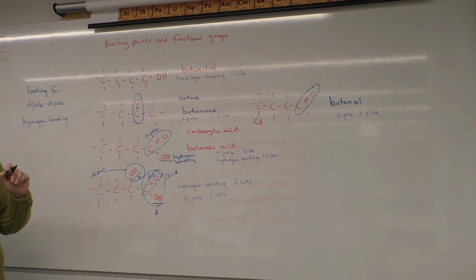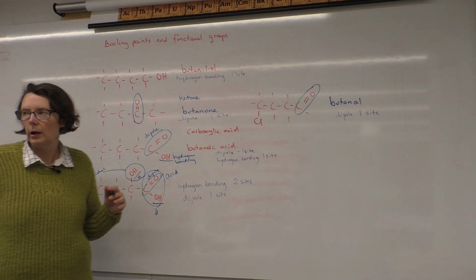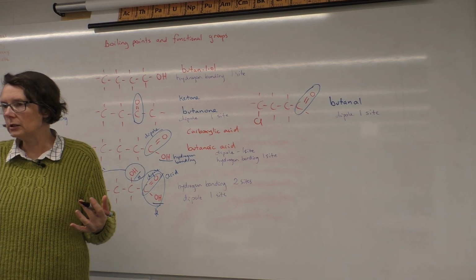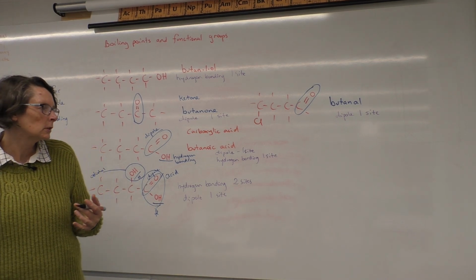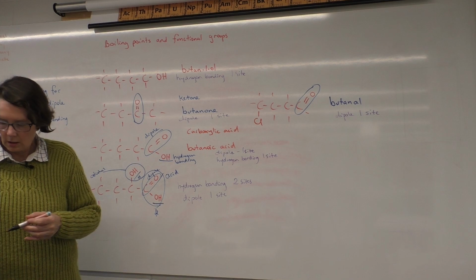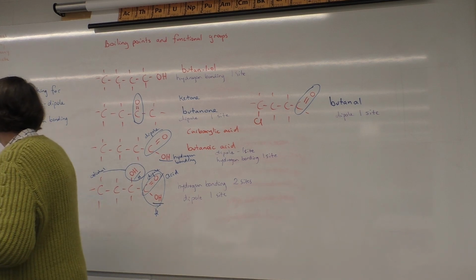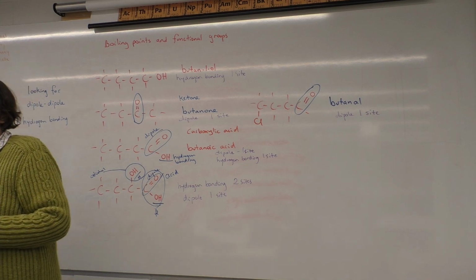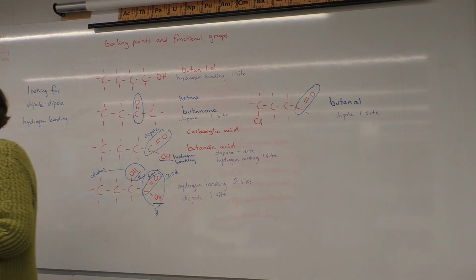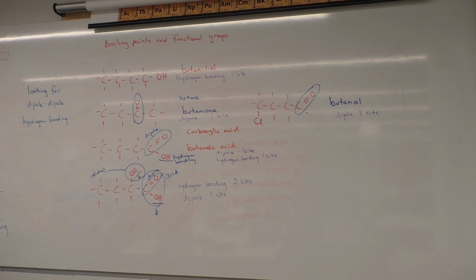Yeah, so you could definitely have a table of boiling points, and then you'd be explaining what are the factors that are influencing those boiling points. Okay, any other questions about ranking? Okay.